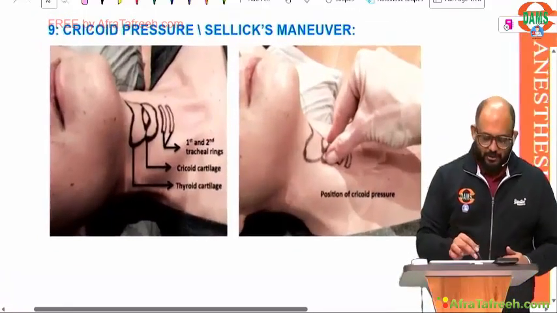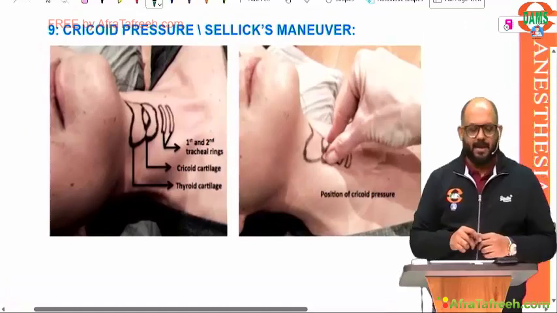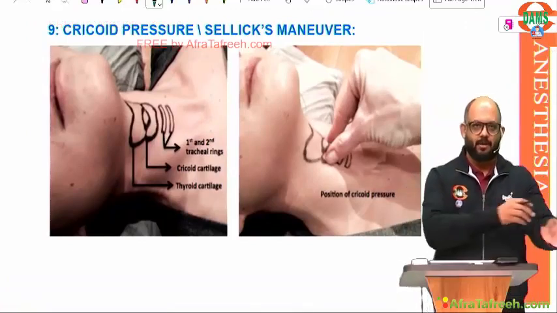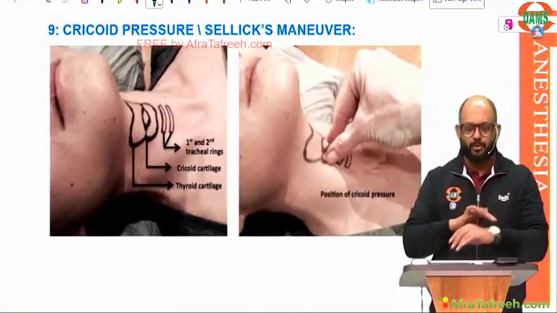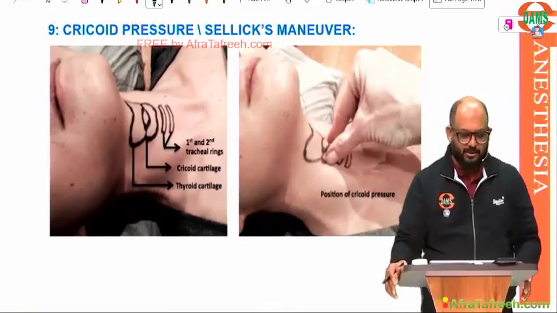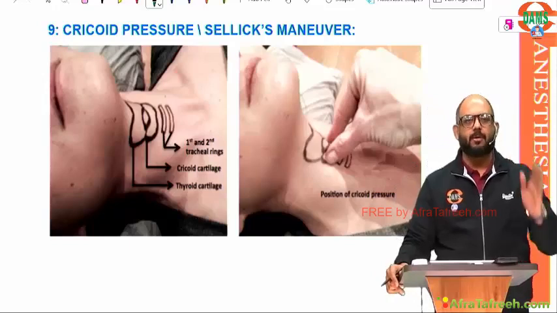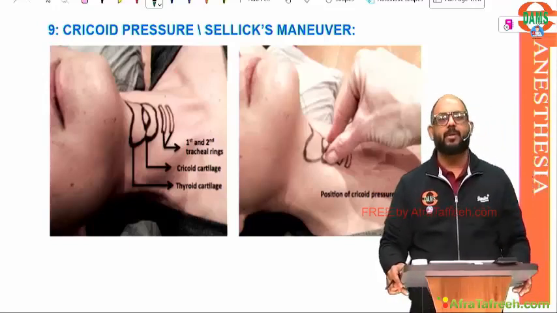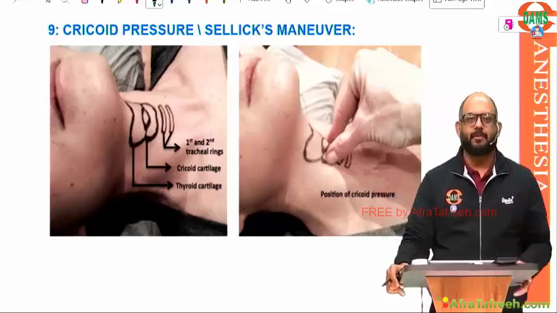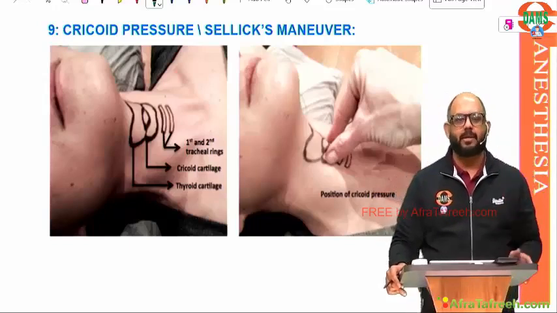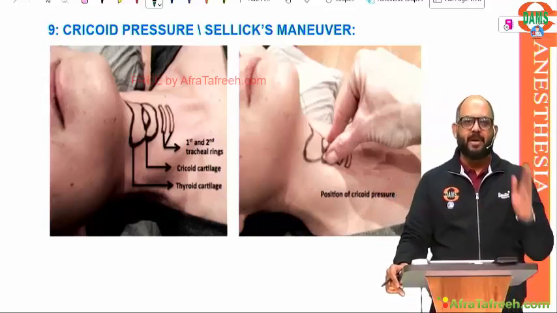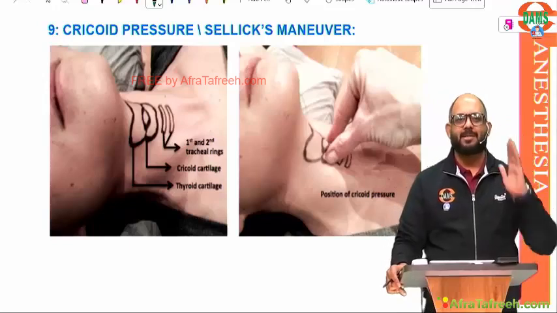Cricoid pressure or Sellick's maneuver. People who are spamming the chat box should stay. I'm telling you, you should stay. That will teach you patience. And people who are trying to genuinely attend, they should let the people who are not genuine stay, because that is how you develop focus. Everything is a learning point. Remember, your best friends don't teach you as much as your enemies.